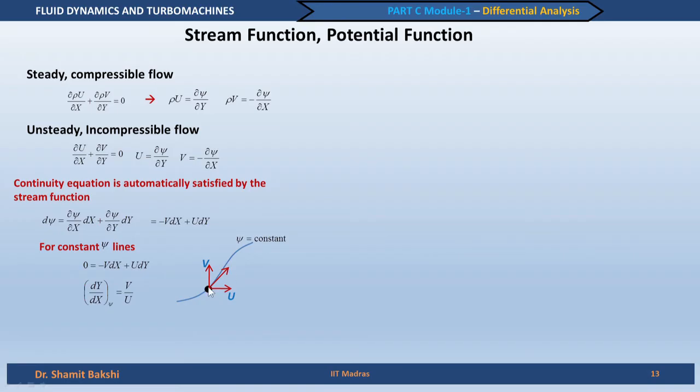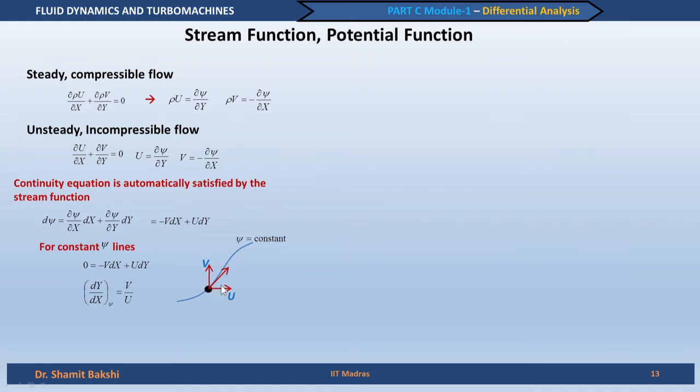Let us look at the components of the vector: this is the u component and this is the v component. Then v by u is basically the tan of theta, where theta is the angle subtended by the velocity vector with the x axis.